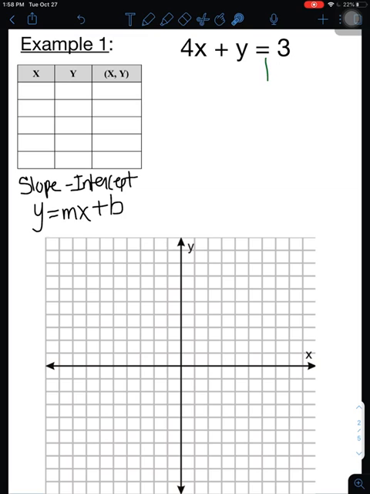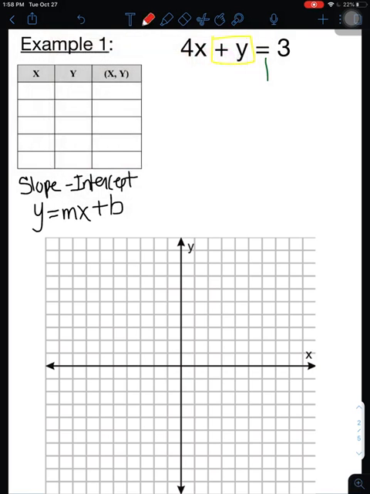Here we have an equation, but the y is not by itself. So we're going to use inverse operations to get that y by itself. So I want the y to be all by itself. So the first thing that I'm gonna eliminate or get rid of is this 4x.